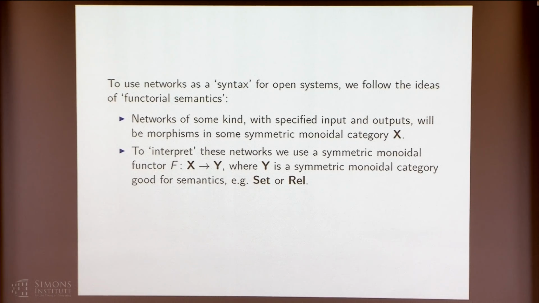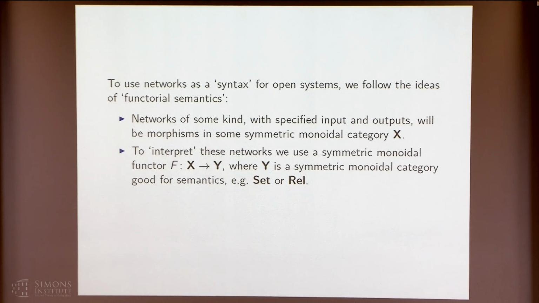And then to interpret a network, we choose a symmetric monoidal functor, F, say, from X to some other symmetric monoidal category. And that category will be good for what we call semantics, or endowing meaning to the diagrams, which are the morphisms in X.